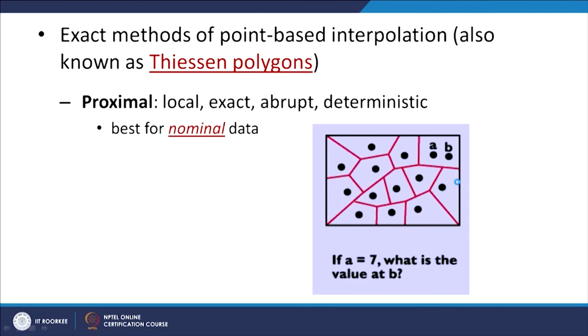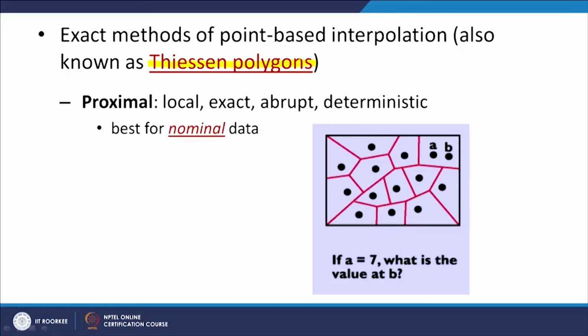Now, when I go for an exact method, the most popular when we did not have GIS software, it was very common for geohydrologists or hydrologists to go for the Thyssen polygon. The observations are shown as black dots, and keeping the same distance all around, a polygon used to be drawn like that. So basically this point represents the centroid of each polygon, and Thyssen was a mathematician, so it is called the Thyssen polygon.